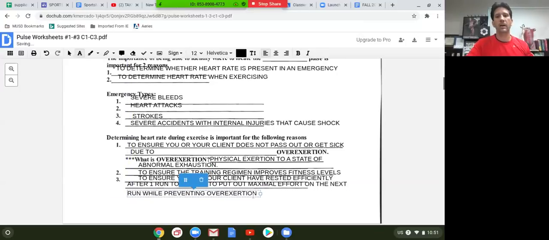So for example, we take pulse, you do a run, right? You take one lap around the track. Let's say your pulse is 140 beats per minute, and that's high for you. So we need to take your pulse again multiple times while you're resting to make sure the pulse comes down to a certain level before you can go and do your next run.